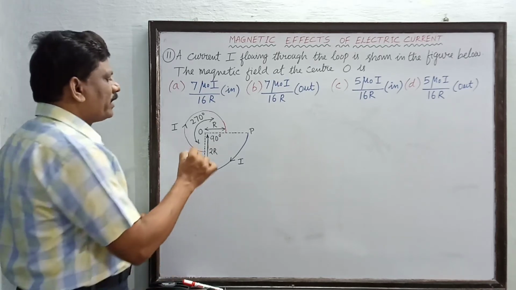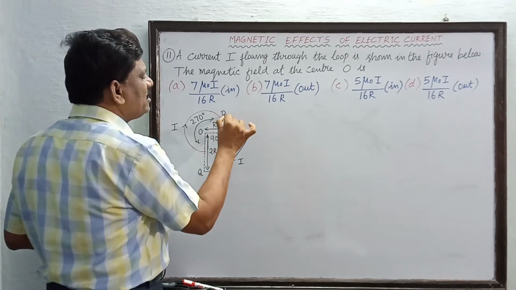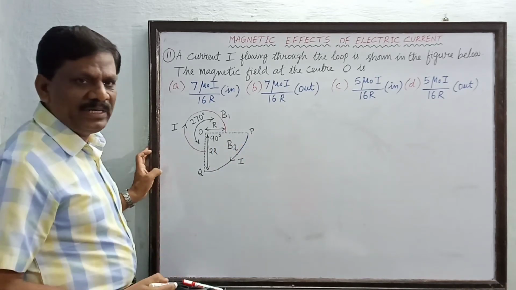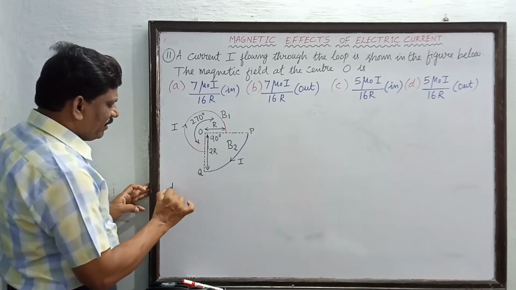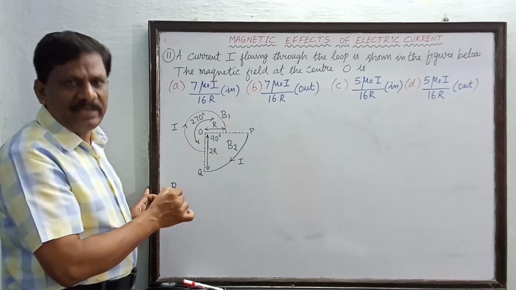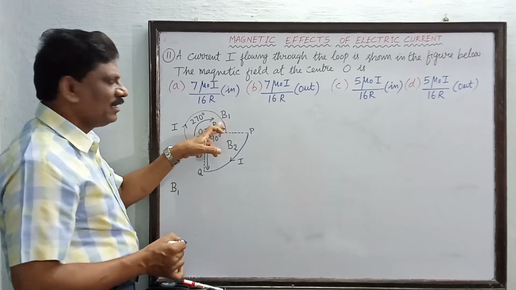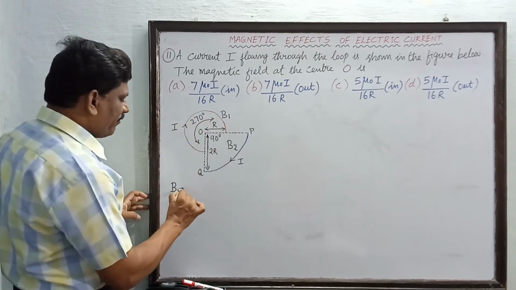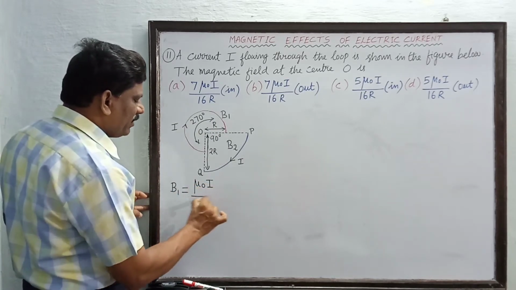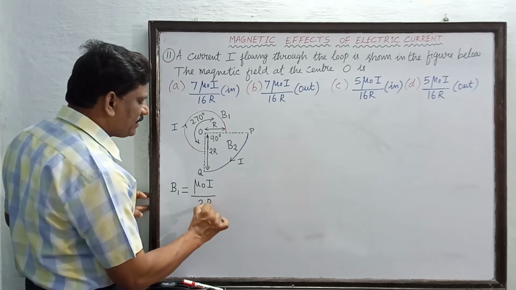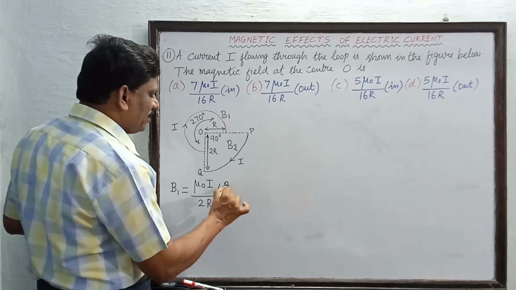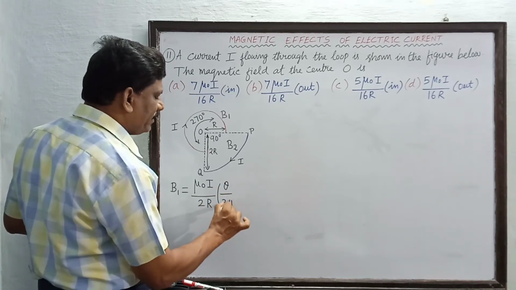Now the field due to the first arc is B1 and the field due to the second arc I will take as B2. First I will find out the magnetic field at O due to the smaller arc of radius R. By formula this is equal to mu naught I divided by 2 into radius, into theta divided by 2 pi.